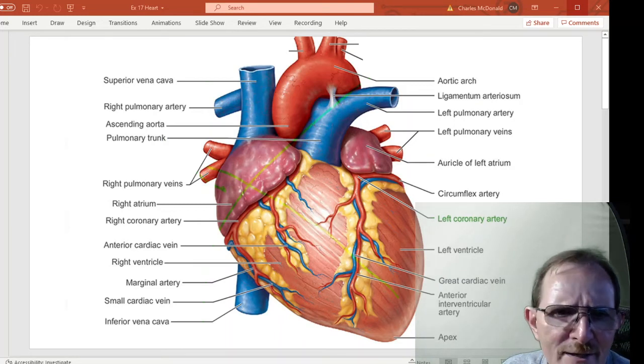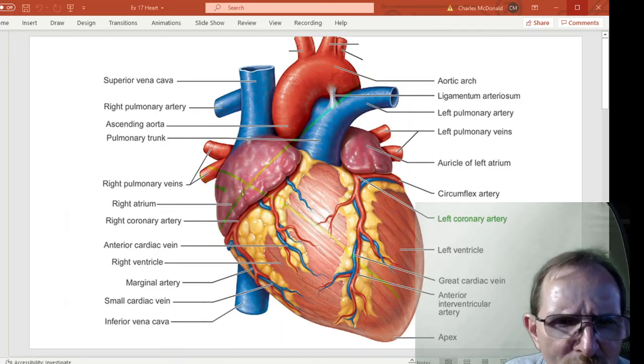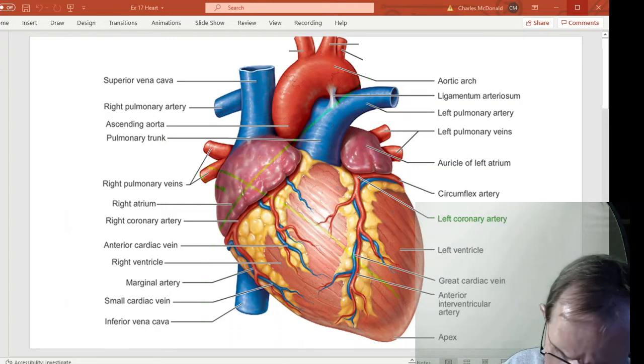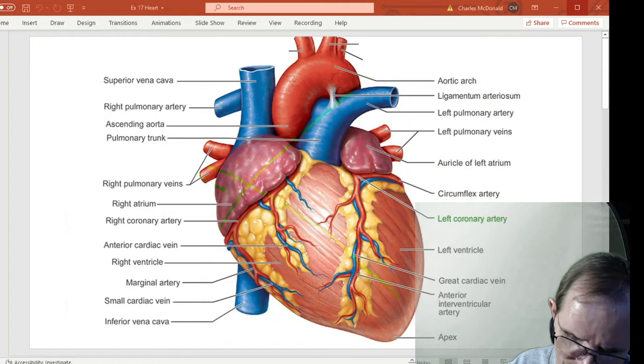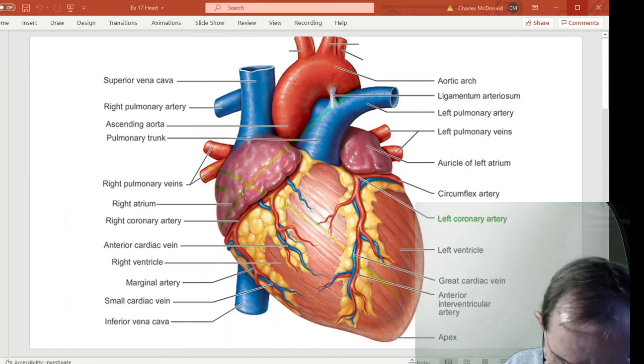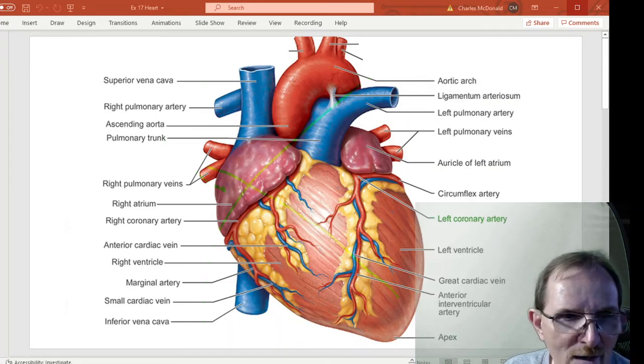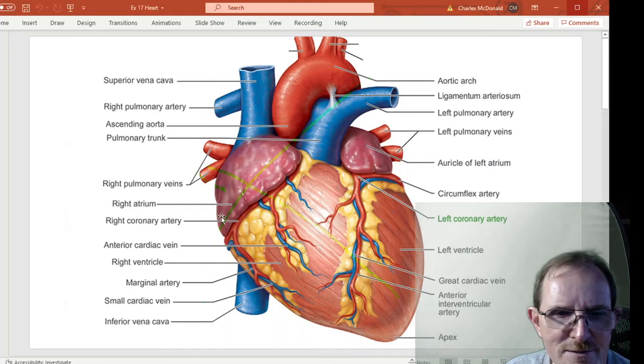But you need to know that. The anterior cardiac vein is not on your lab list, so I really think you should just let it go.